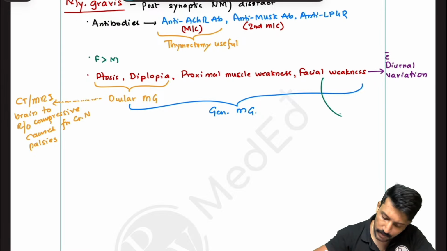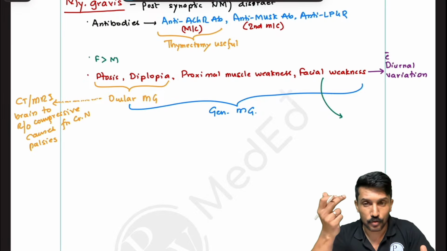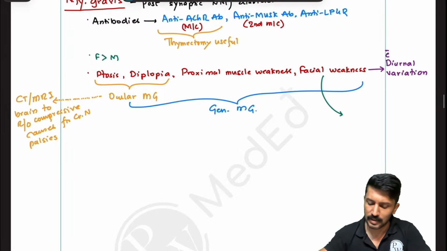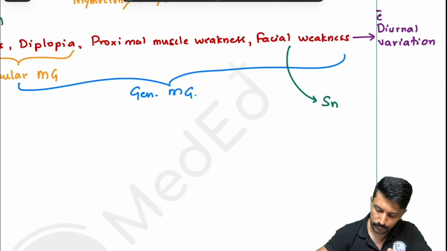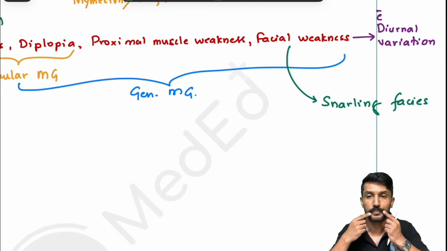This facial weakness also produces a peculiar facial appearance when we ask the patient to smile, which is now called myasthenic smile. Once upon a time, it was called snarling faces. This can be an image-based question as well. The patient will have ptosis, and when you ask them to smile, they can't lift the lateral edge of the mouth up.